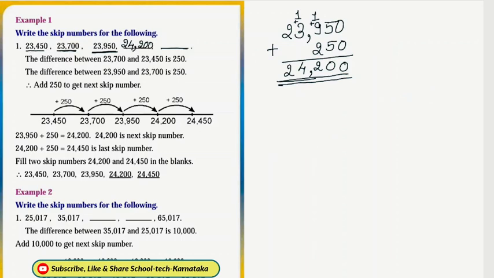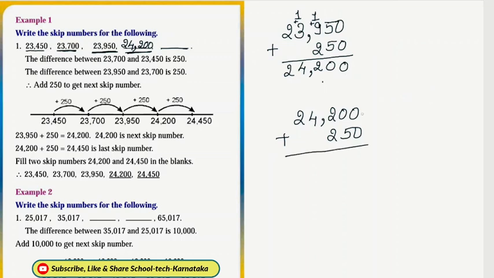So write 24,200 here. Now if we want to find the next skip number, we do the same process again. We need to add 250 to this number. So 24,200 plus 250.